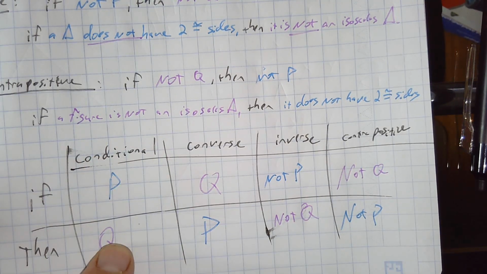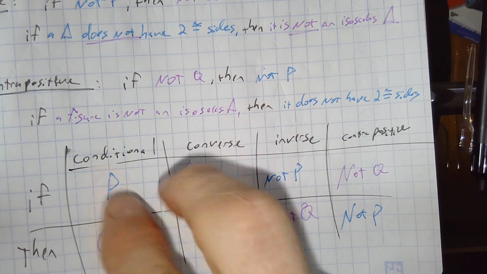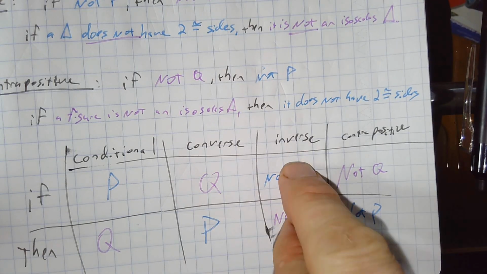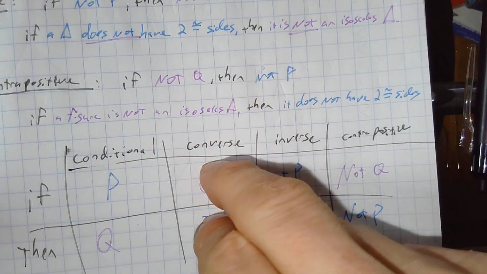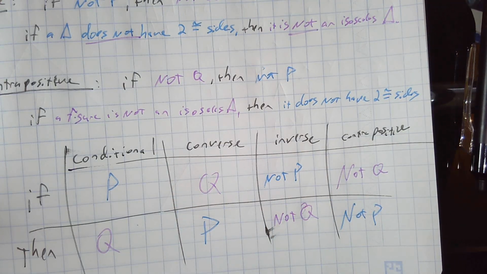This is your original statement, then how the P's and Q's flop to go from conditional to converse, how you put not in front of your P's and Q's to make the inverse, and then you put not in front of your Q's and P's of your converse to make the contrapositive. Okay, so hopefully that makes some sense, and we'll get into some examples in class.